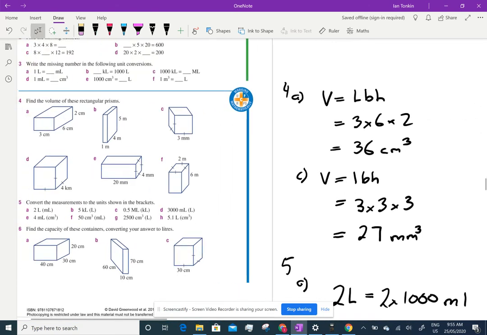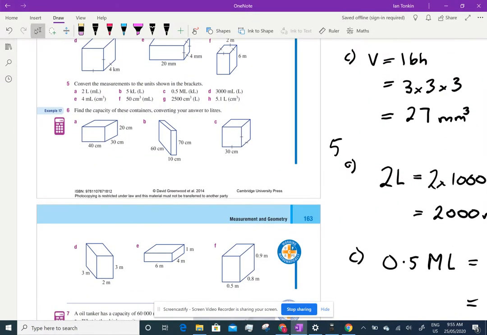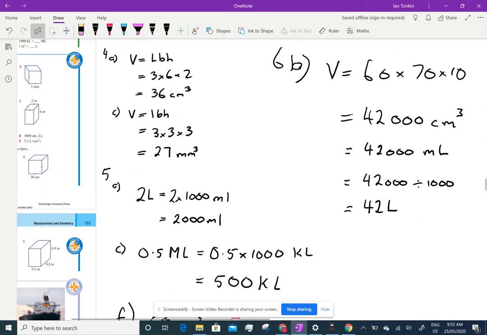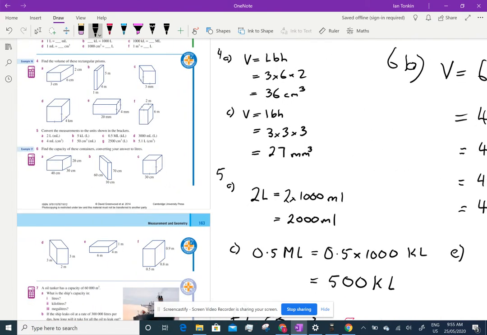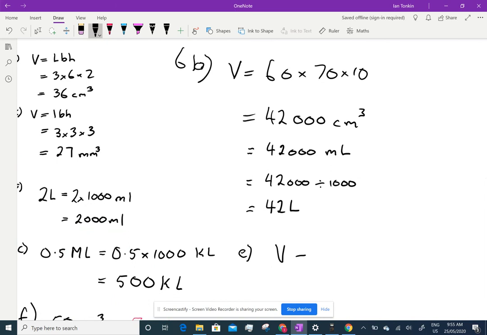So that was a centimetre one. Now E will be hard, but you don't have to do it. Oh, sorry. I'm going to do a metre one, so I'm going to do E. So this time I've got metres. Metres, I've got 6, 4 and 1. So the volume is 6 times 4 times 1, which is 24 metres cubed.